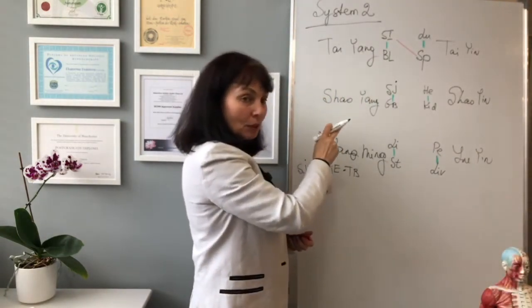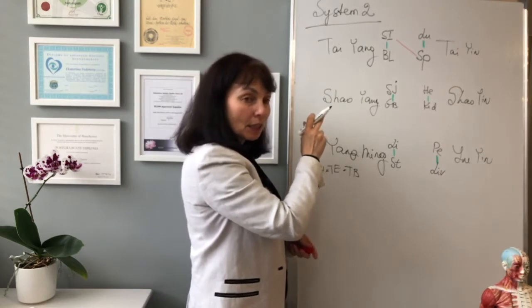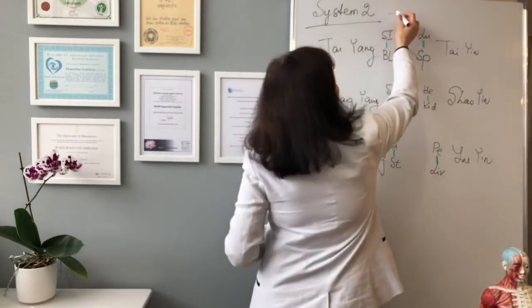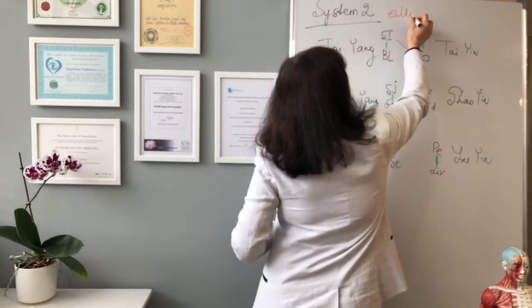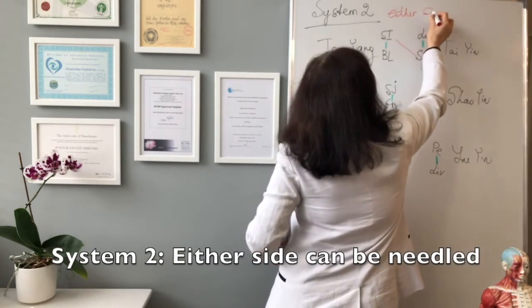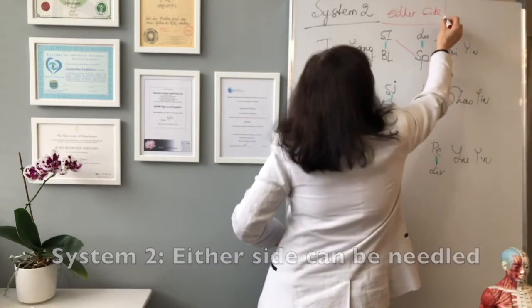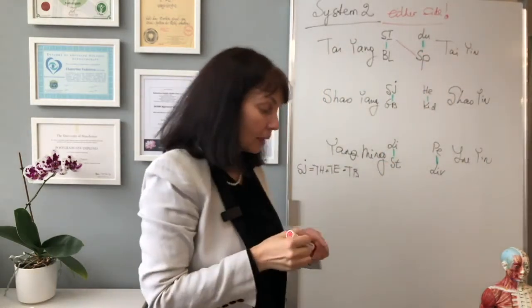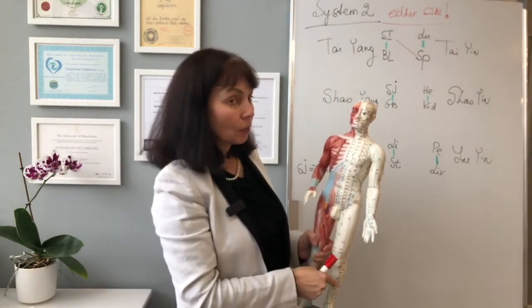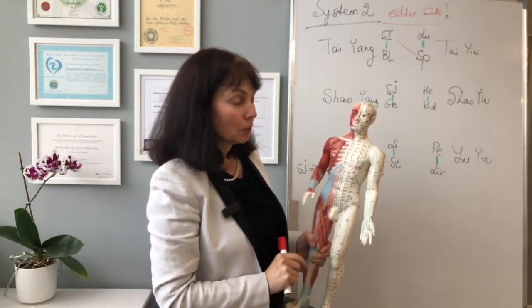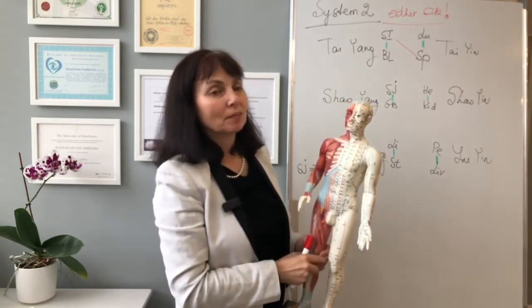System 2 treats either side. It means that we can needle the right or left leg, doesn't matter which. But which leg will be better?